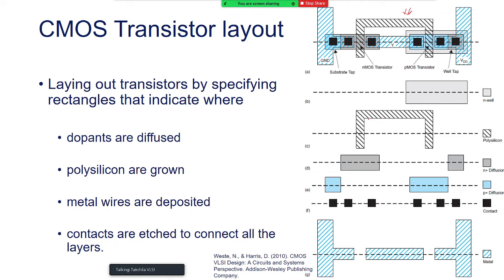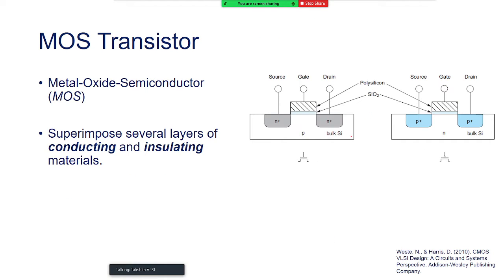Okay, so then we talk about MOS transistor. We understand basic operation about this. We call it a MOS because it's metal on the top, oxide in the middle, and semiconductor in the bottom. So that is why we call this structure a metal oxide semiconductor.